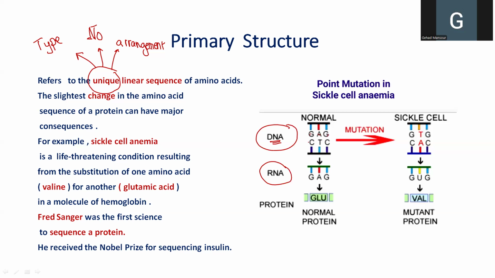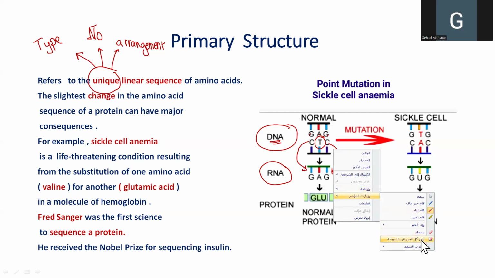For example, complementary to cytosine we have guanine, again complementary to cytosine we have guanine, and complementary to thymine, we are supposed to have uracil on RNA and not adenine. So this is not the strand that was used for transcription of RNA.